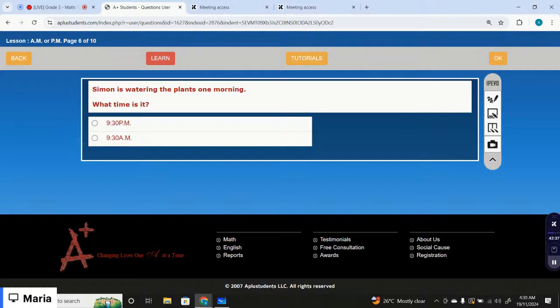Simon is watering the plants one morning. What time is it? The correct option is morning, so that is 9:30 a.m. Option number 2 is the correct option. Very good.